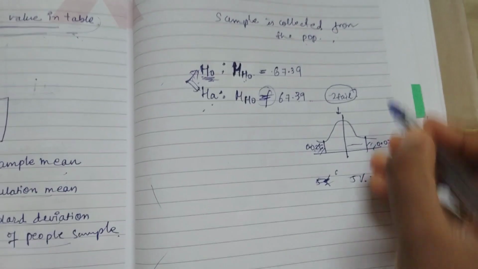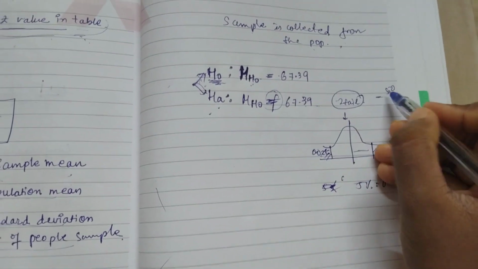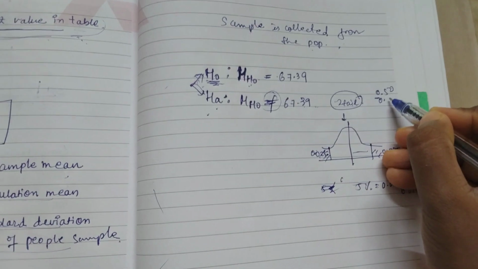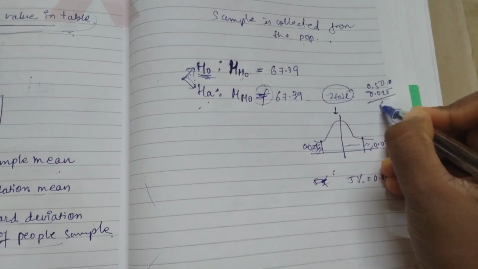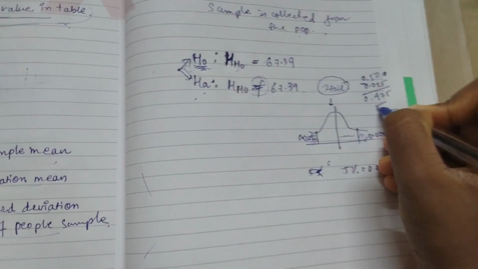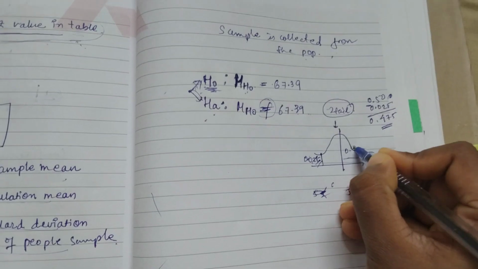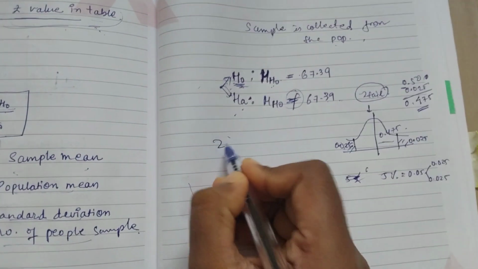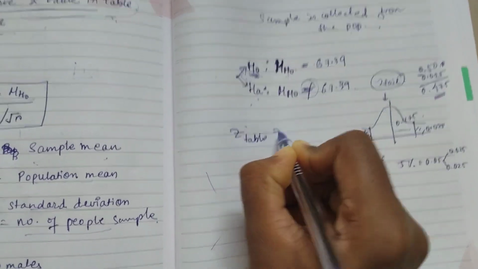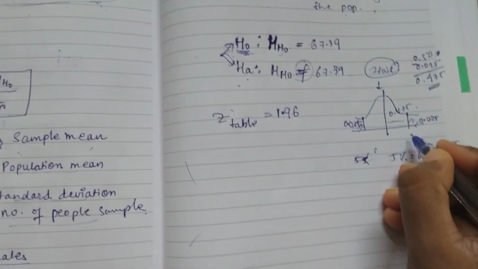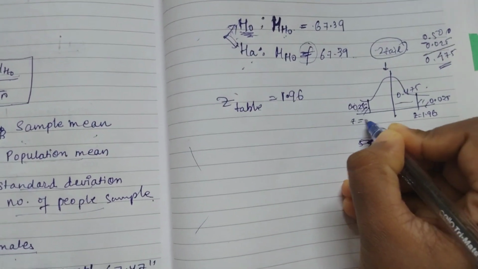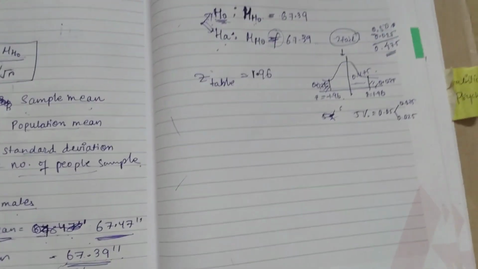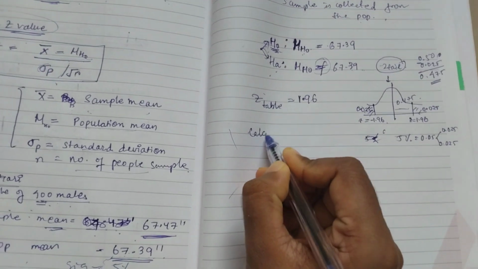So 0.5 minus 0.025 is equal to 0.475. We will check this on the table, and we will get to know that the z value in the table is 1.96. So here we write z equal to 1.96, and here z equal to minus 1.96.